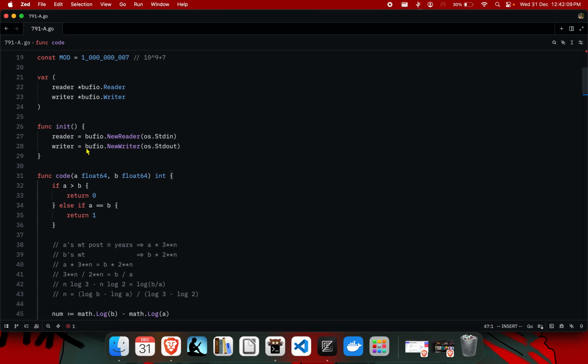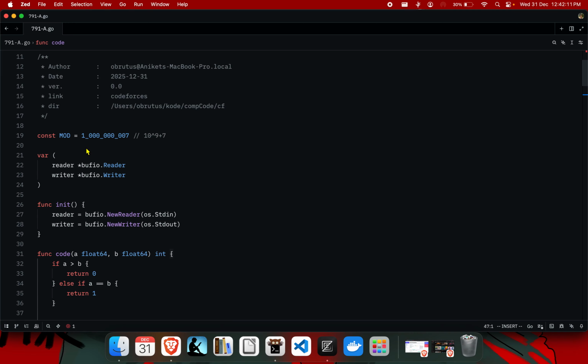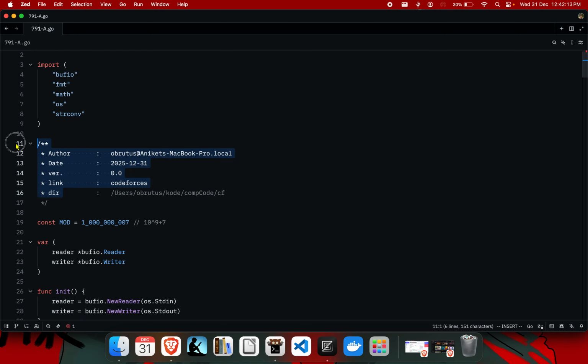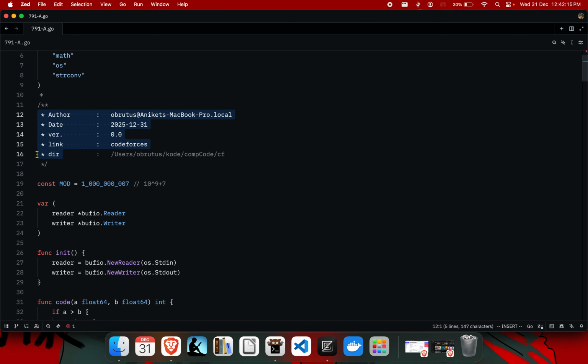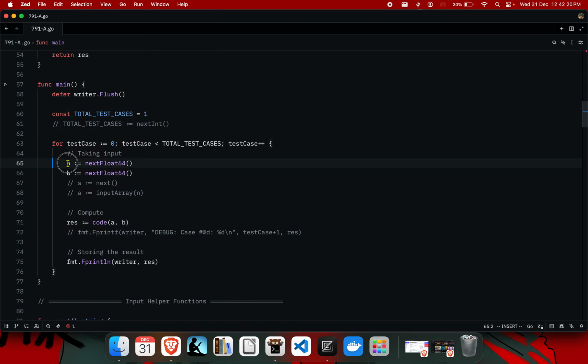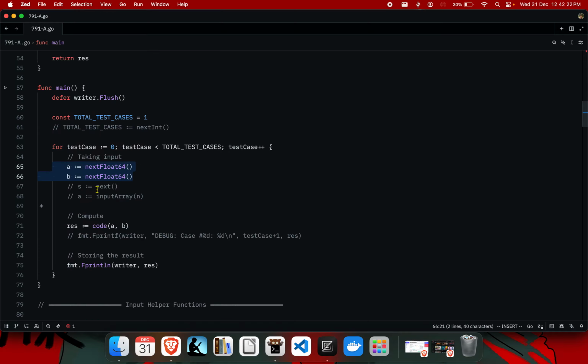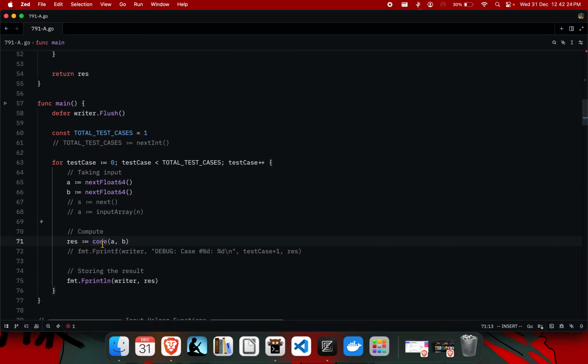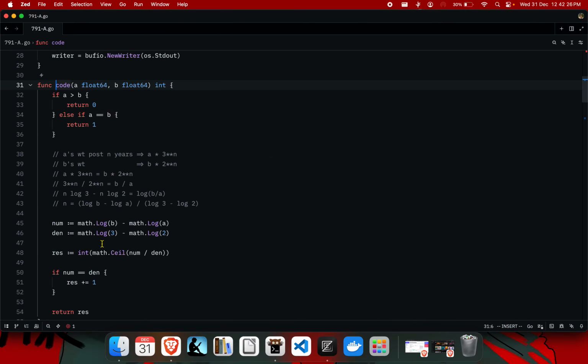I already have a function, created with the prepare code tool, where I am inputting two numbers and executing them in a code function.